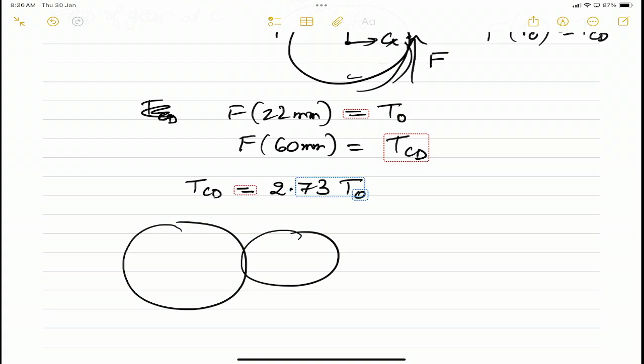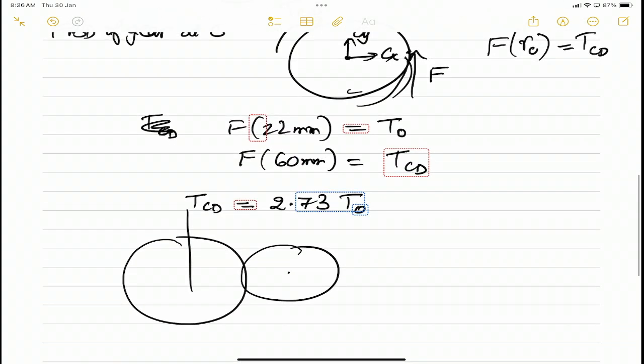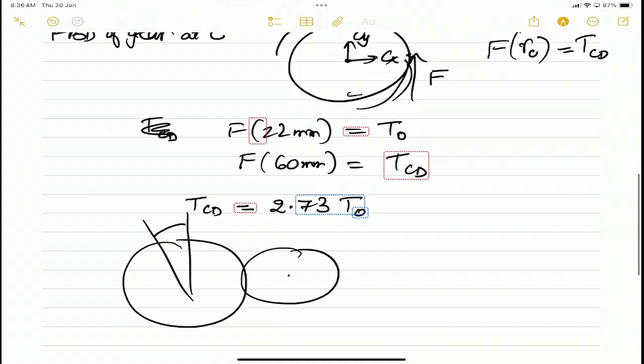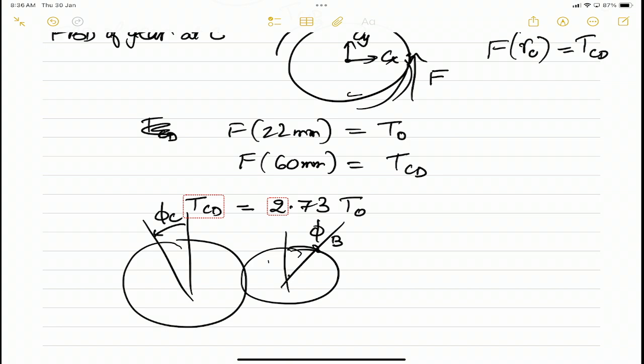Now, let us look at the two radii, two gears. If the angle of twist on the right side is phi c and the angle of twist on the left side is phi b, then what is the relation between phi b and phi c?